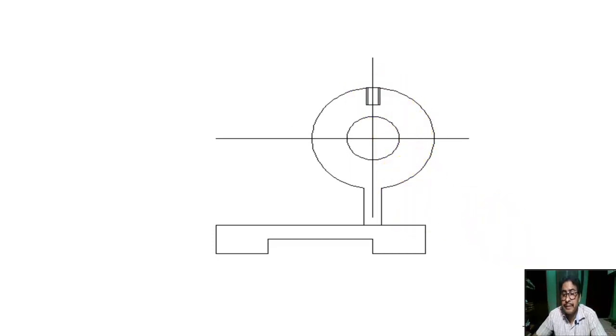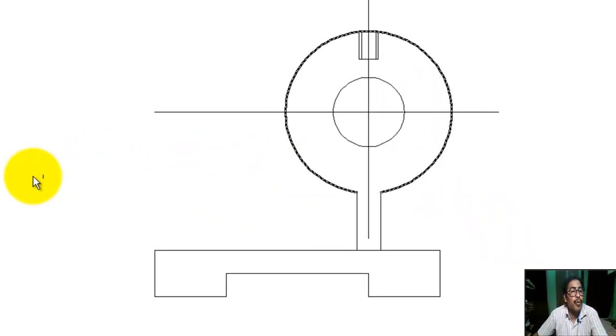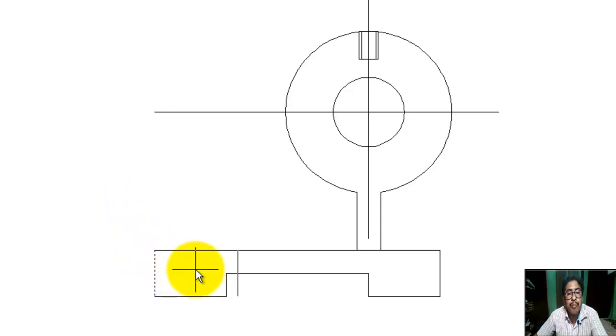Okay. Now we draw offset distance 35, enter, select object to offset, specify point on side to offset.